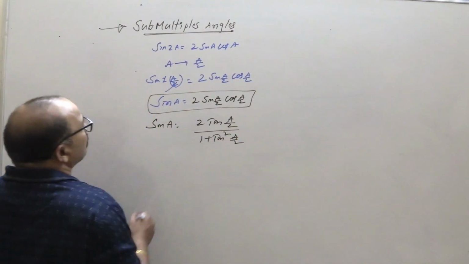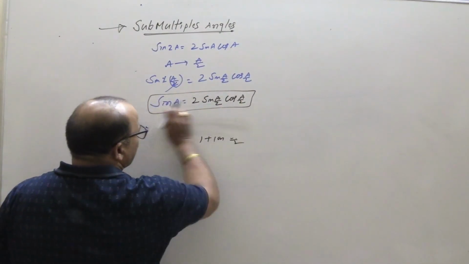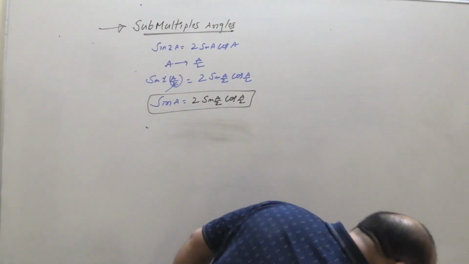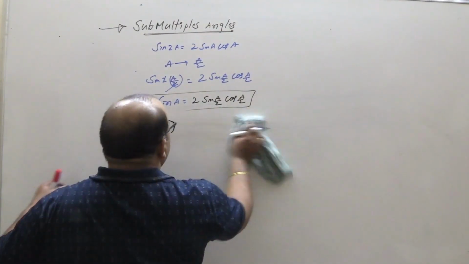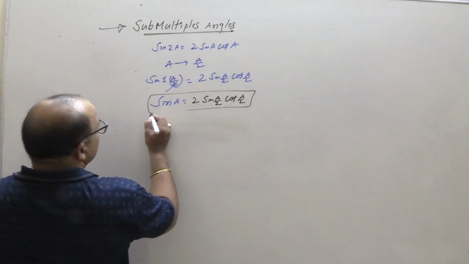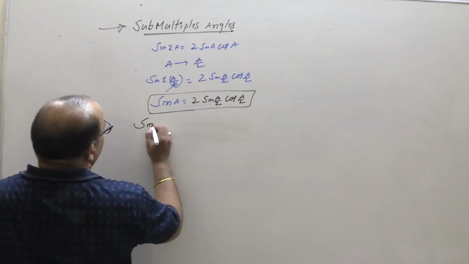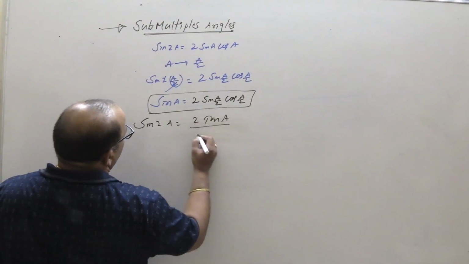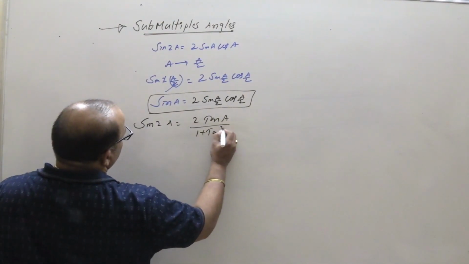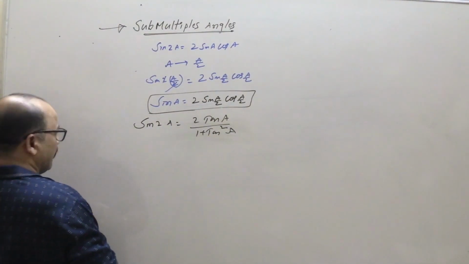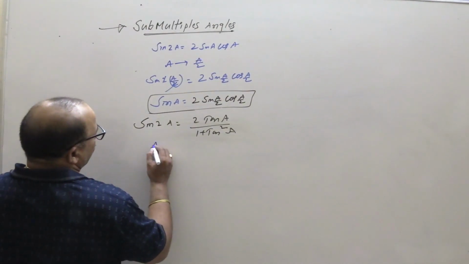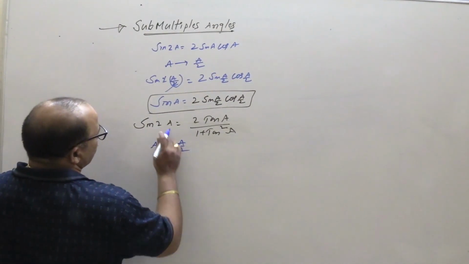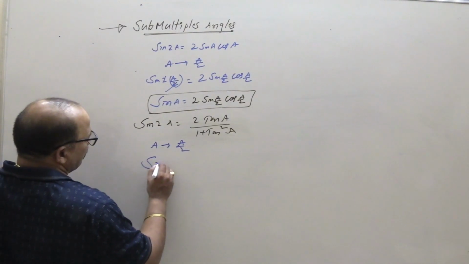Same again, the sin 2A formula in terms of tan is 2 tan A by 1 plus tan square A. So replace A by A by 2, and the 2 gets cancelled.